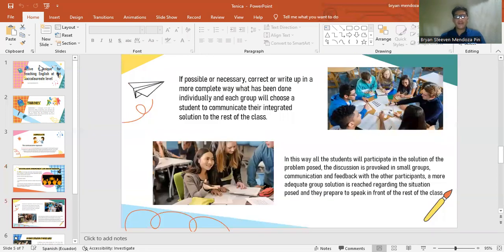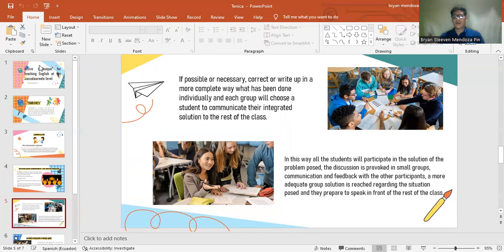So, if possible or necessary, correct or write up in a more complete way what has been done individually, and each group will choose a student to communicate their integrated solution to the rest of the class. In this way, all the students will participate in the solution of problems or the discussion.